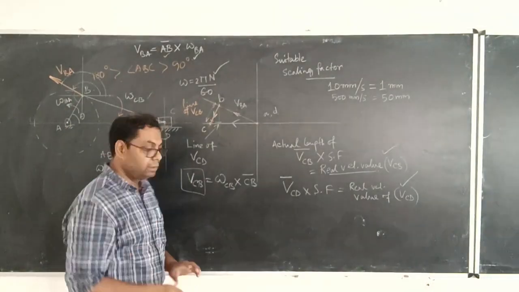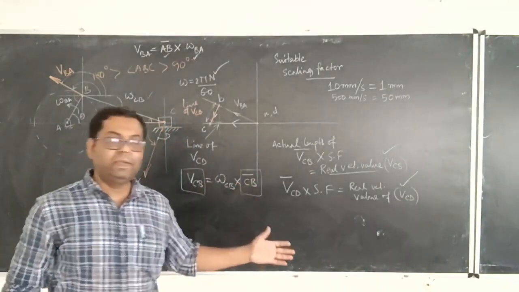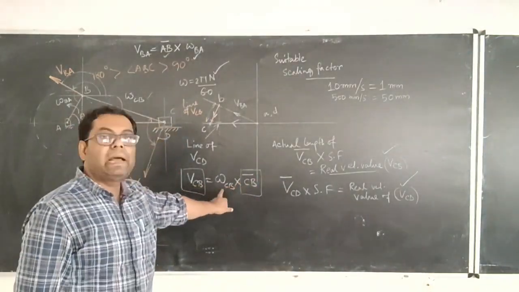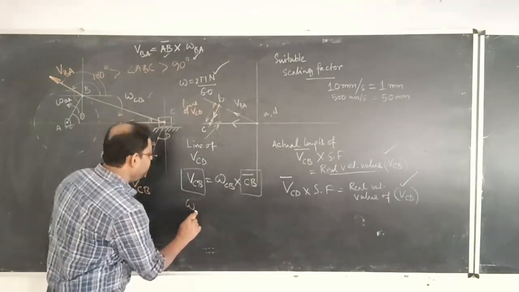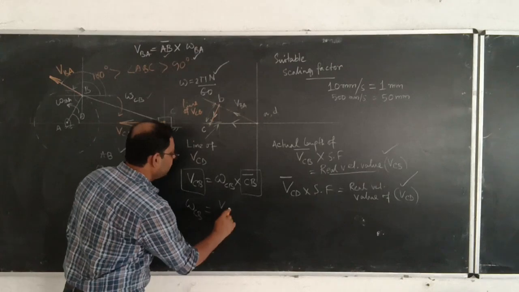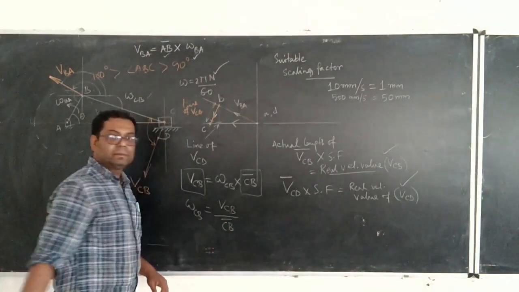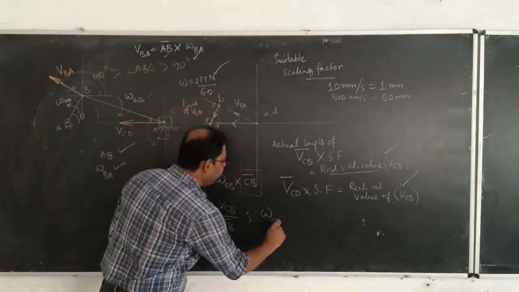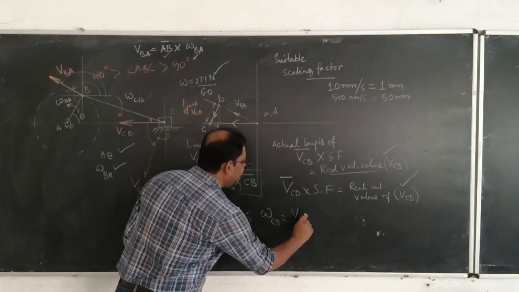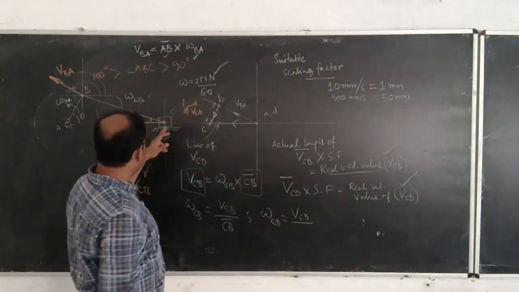It is known; in the problem, it will already be given as data. So the only unknown is omega CB. So omega CB should be VCB divided by the CB length, and similarly omega CD should be equal to VCD divided by this particular length.